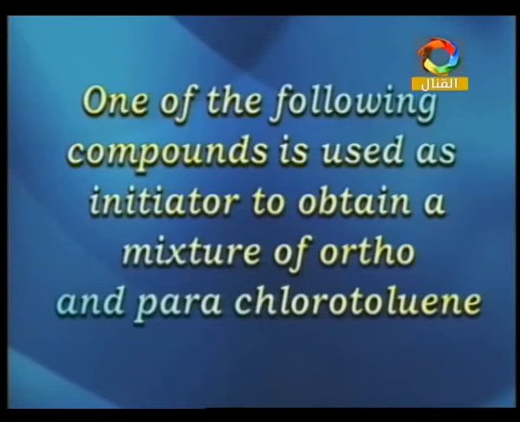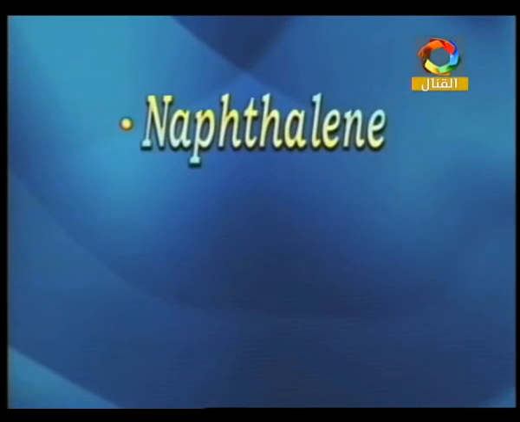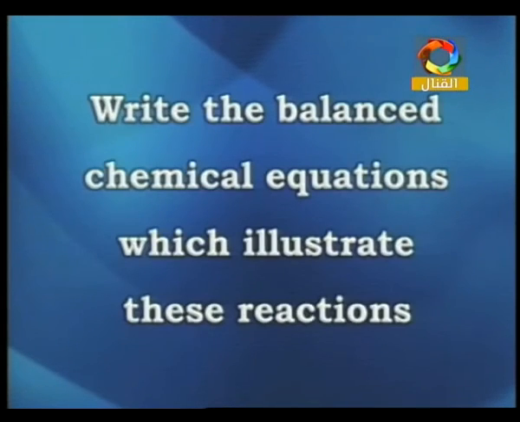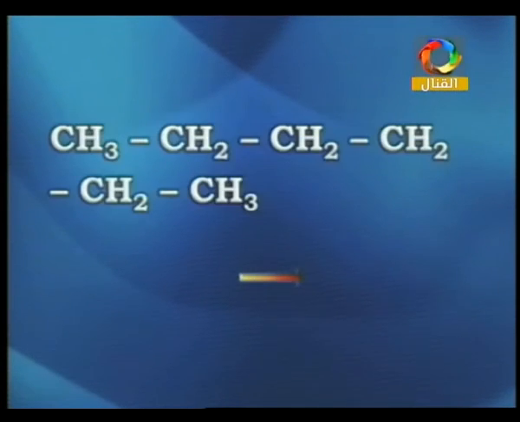Next question. One of the following compounds is used as an initiator to obtain a mixture of ortho and para-chlorotoluene: naphthalene, normal hexane, cyclohexane. Write the balanced equations which illustrate these reactions.